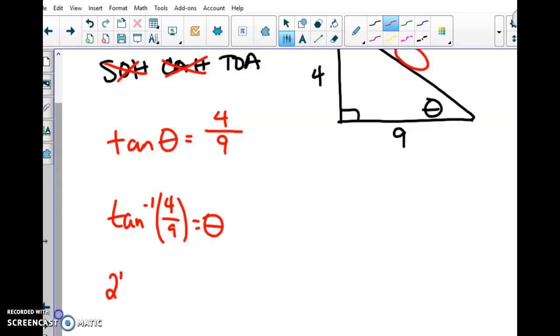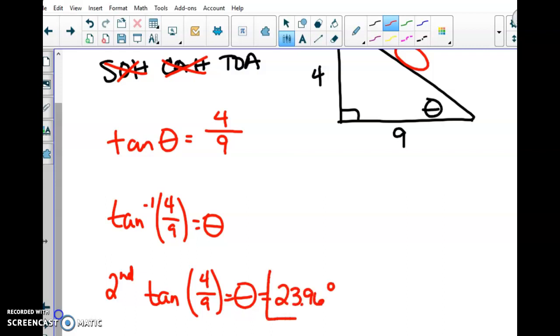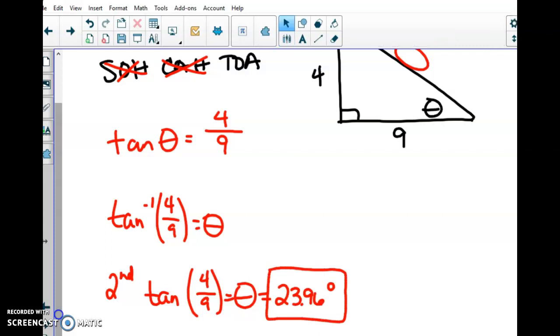Generally, what you do is hit second tangent, and it'll pop up with that -1, and it should give you your measure. In this case, it'll be approximately 23.96 degrees. That's using a calculator, and it's okay to use an approximation. So there are different ways that you could calculate your inverse sine. You could look at the graph and find where it intersects if need be, you could use the unit circle, or you could use the good old calculator.